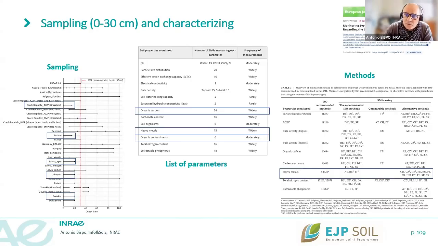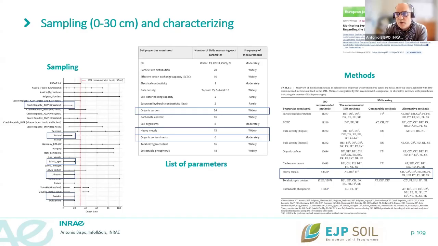You can see the dashed red line, it's what is recommended in the soil monitoring law. It's a 0 to 30 centimeters depth. And in fact, you see that some countries already do not sample between 0 and 30, but 0 to 20. So they will need to adapt. The majority of the other countries already sample until 30 centimeters, even deeper.